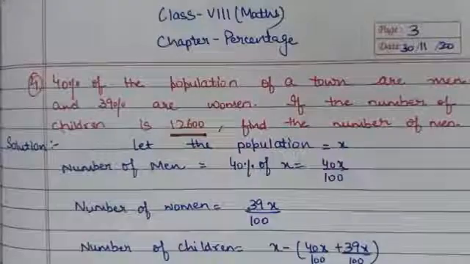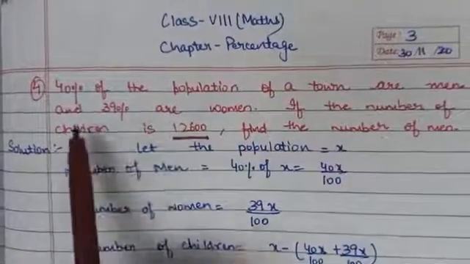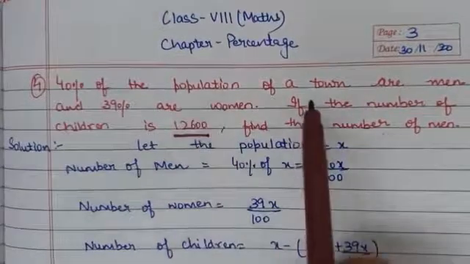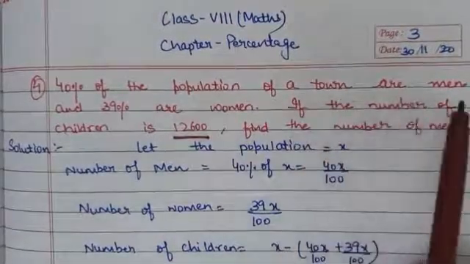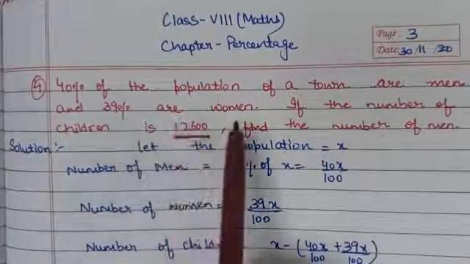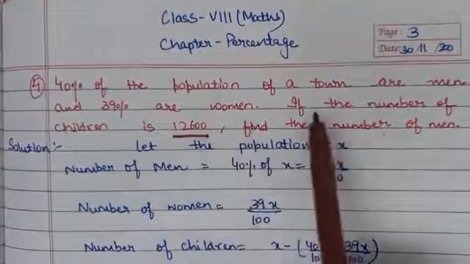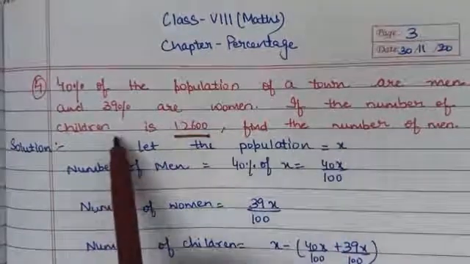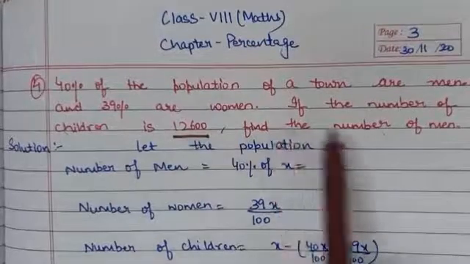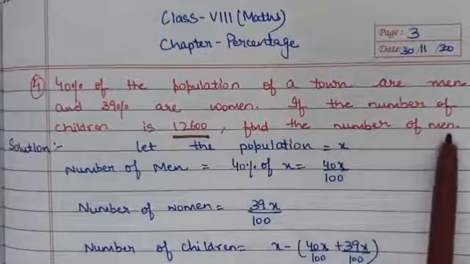Clear? Next question is, if 40% of the population of a town are men and 39% are women, if the number of children is 12,600, find the number of men.